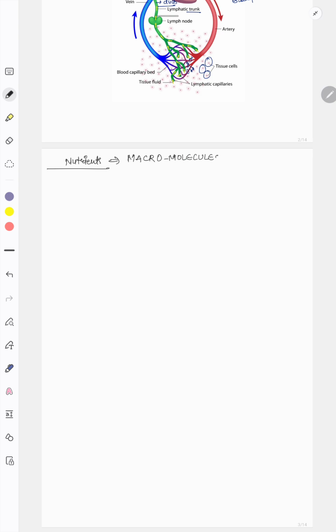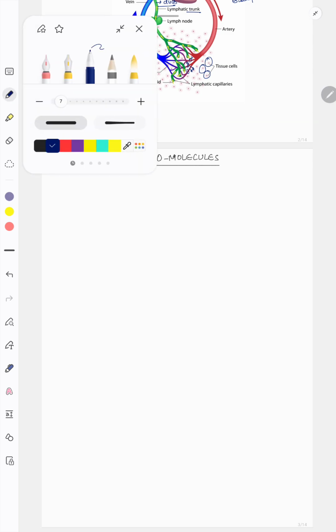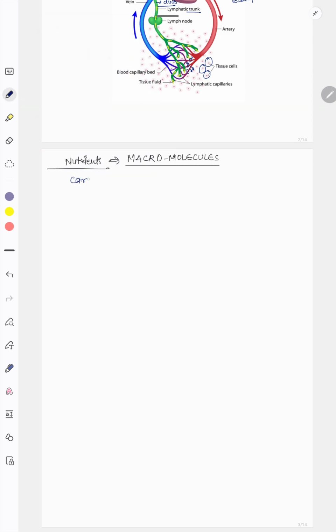These macromolecules consist of carbohydrates. The carbohydrate that our body uses has the basic unit glucose.